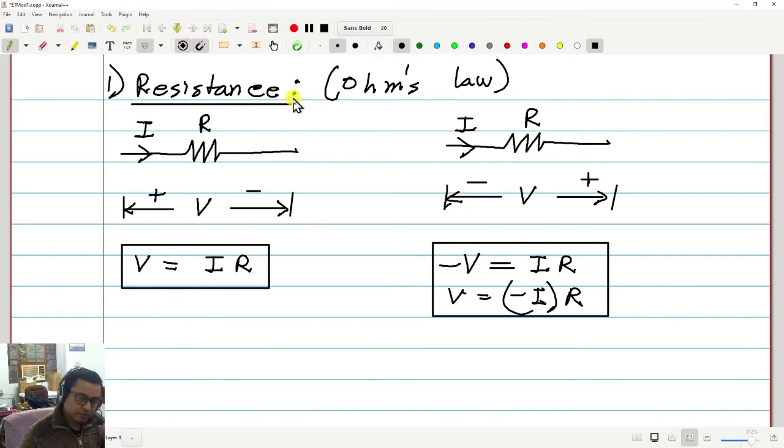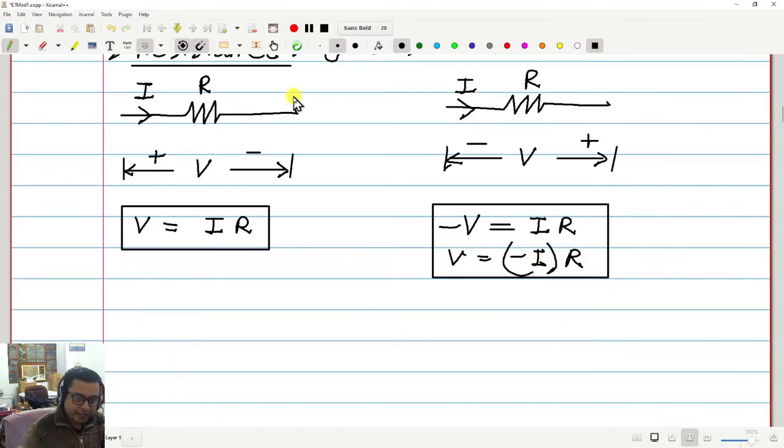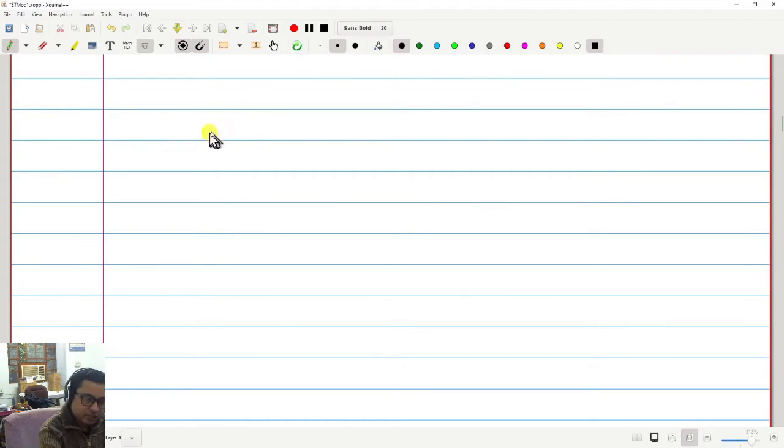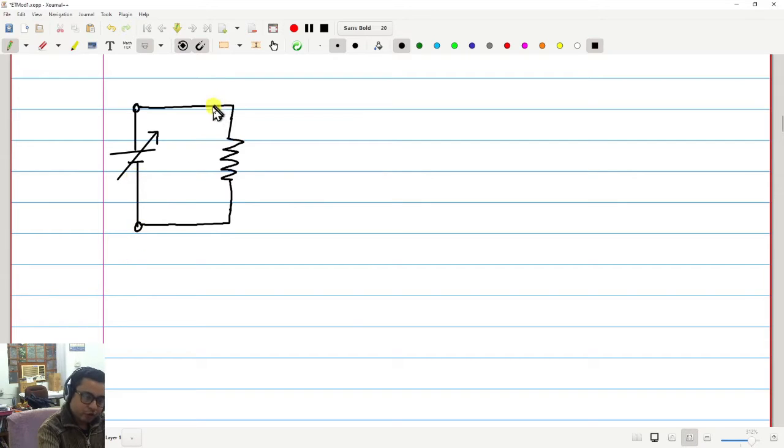Now, suppose I take a piece of resistance and I apply a voltage across it. Suppose I have a controllable voltage source, I can vary this voltage. So what will happen?